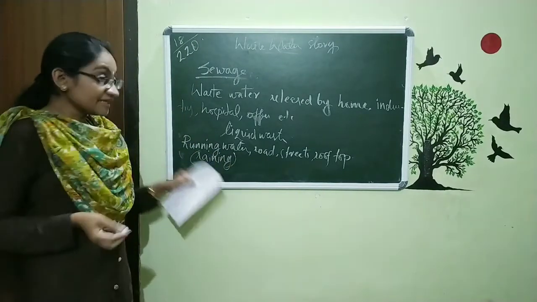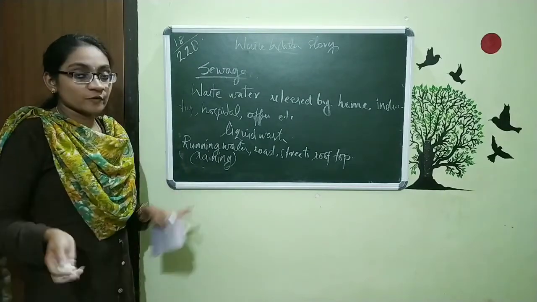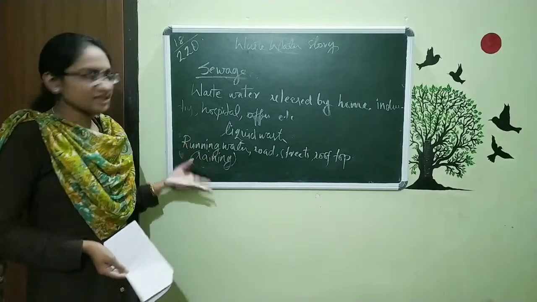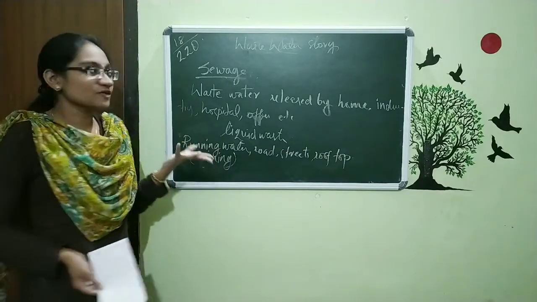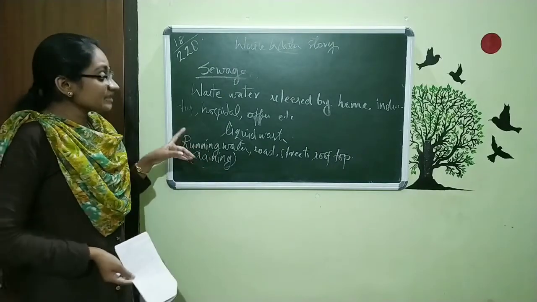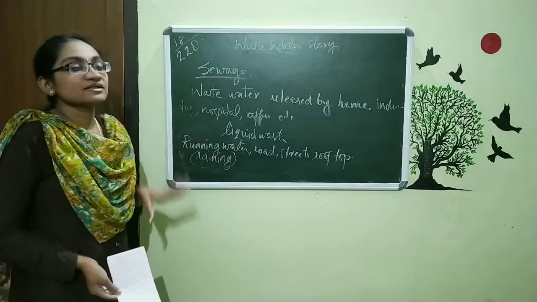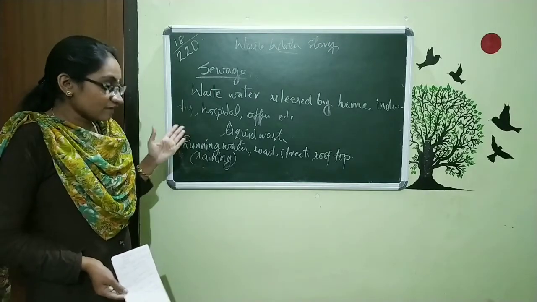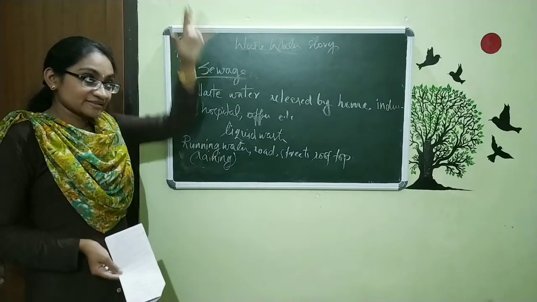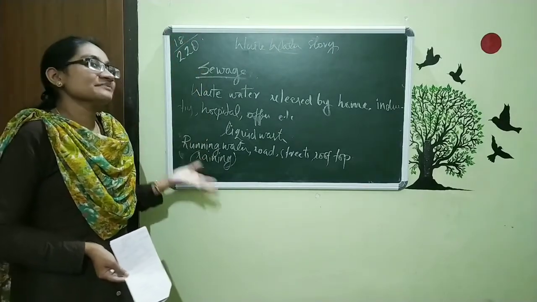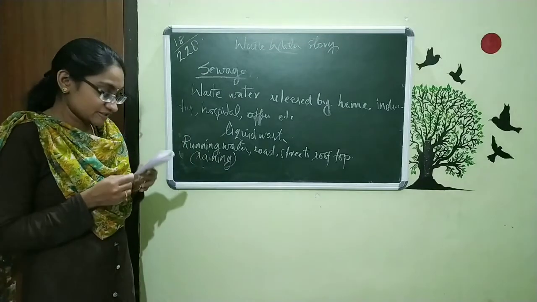So the running water from roads, streets, rooftops, everywhere. After raining we can see water, and this water is getting mixed with some sort of pollutants. So we can also include this water after raining as sewage. That means the water from the roadside, street, and rooftop that comes from the rain is getting mixed with some sort of pollutants, and we can call it sewage.